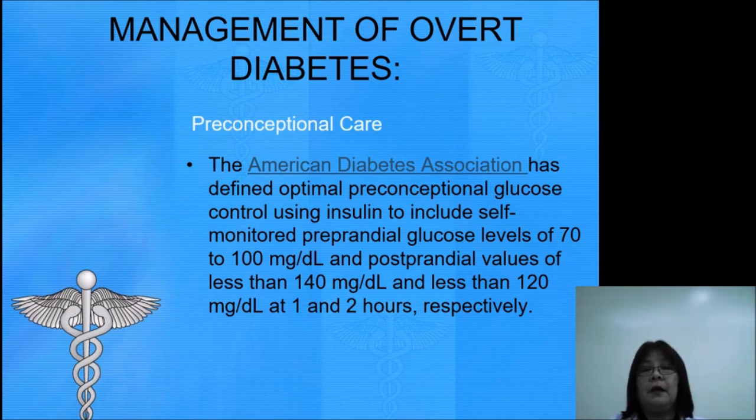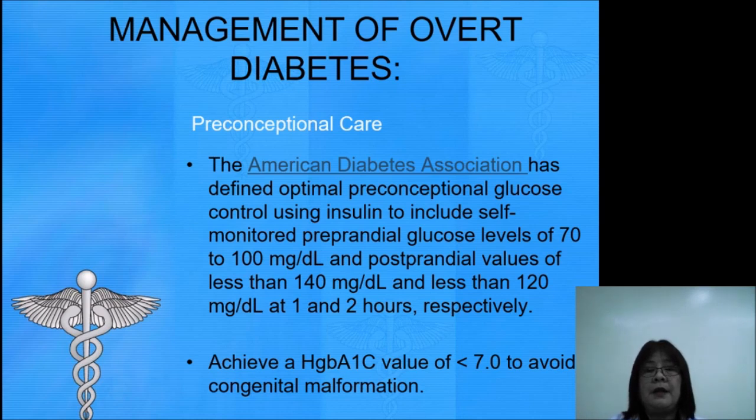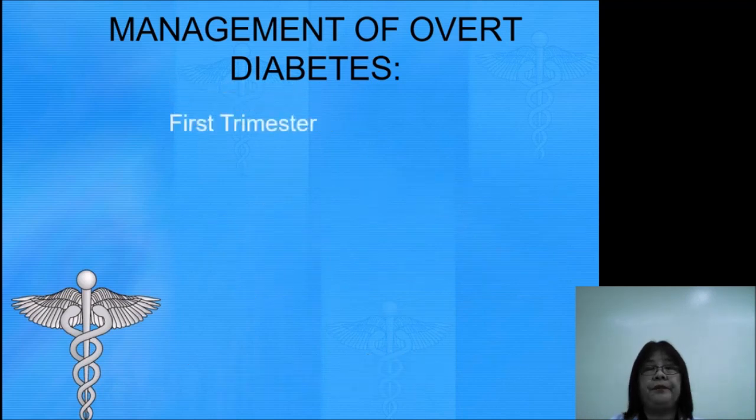You have to satisfy these criteria before you advise your patient with overt DM to get pregnant. Another is hemoglobin A1C, which should be less than 7 in order to avoid the congenital malformations associated with overt DM.